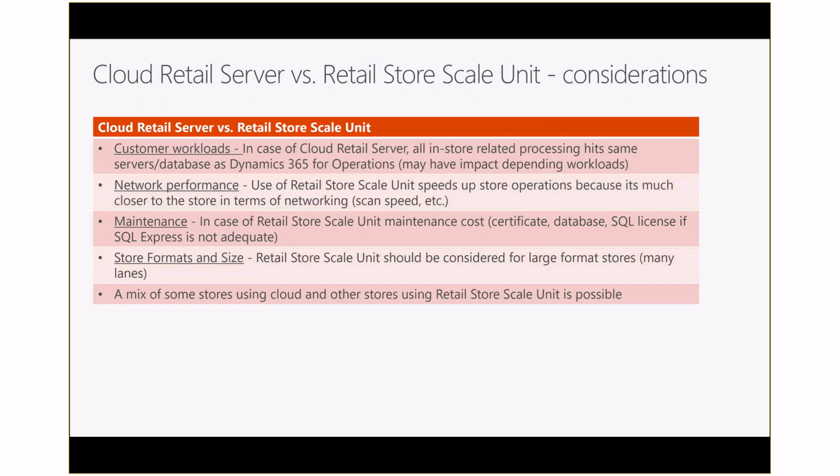As I mentioned before, SQL Express can be used for both modern POS offline and the scale unit. But for the scale unit, after a certain number of terminals, it's likely not going to result in good performance. So an upgrade to another SQL license is required at that point. This is something that needs to be considered.